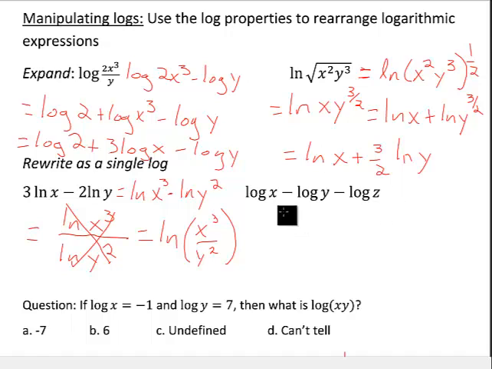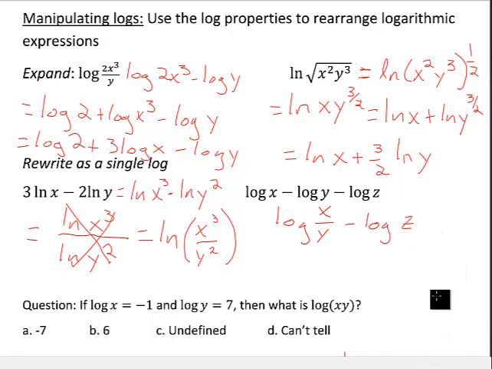Okay, so finally here we have 3 terms. So when you have 3 terms, none of our properties deal with 3 terms, but we can still handle this sort of 2 at a time. So let's deal with these first 2 first. We have one log minus another, so that becomes the log of x over y, and then we have the minus log z sort of coming along.